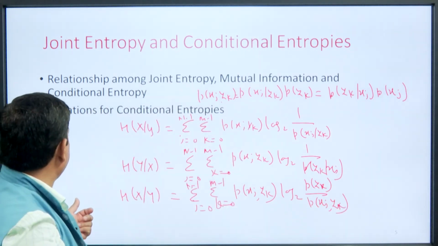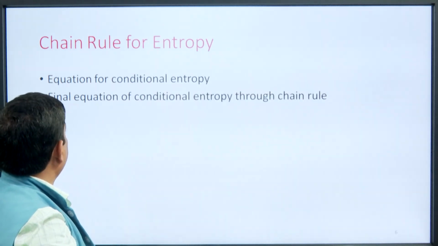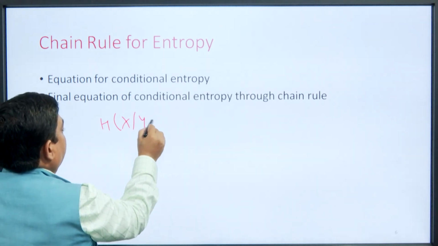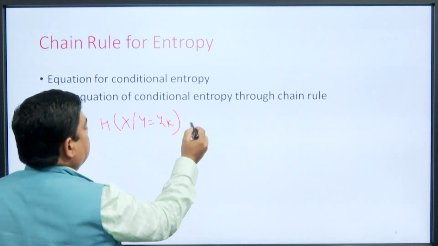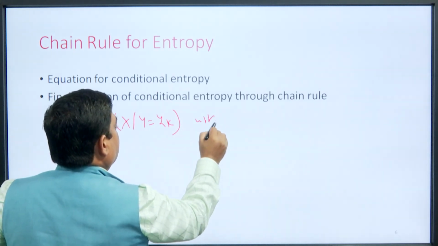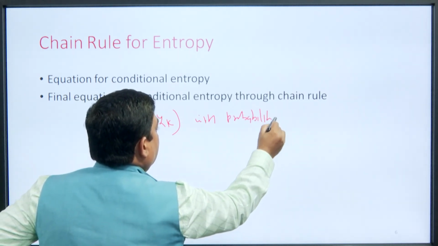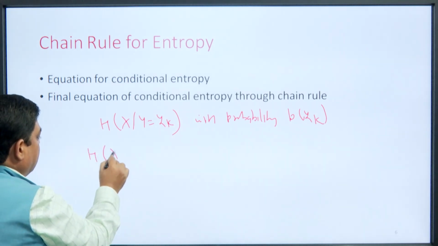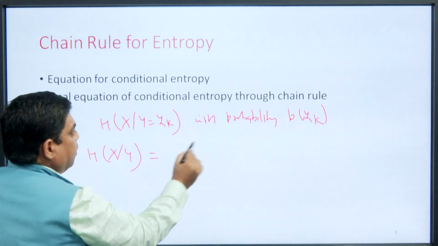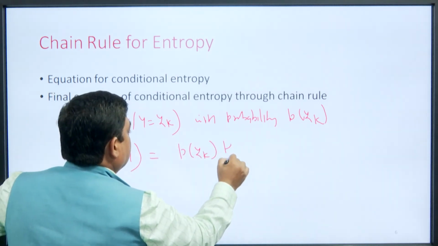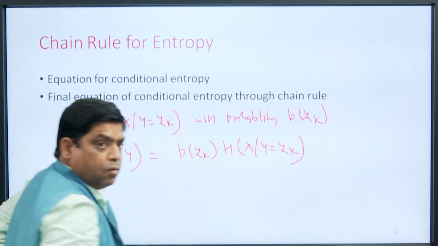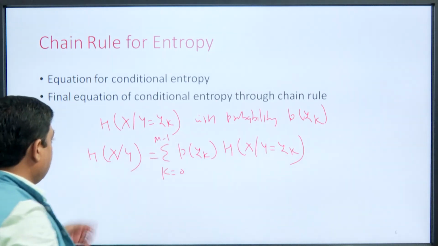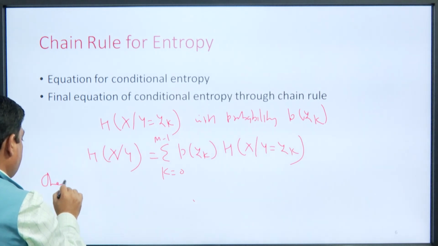In the last case, when we have taken H of X when y is equal to y_k, with its probability p(y_k) for every y_k, now when we are calculating its average to get H(X|Y), it is p(y_k) into H(X | Y = y_k), with k equal to 0 to m minus 1. This method is known as the chain rule.